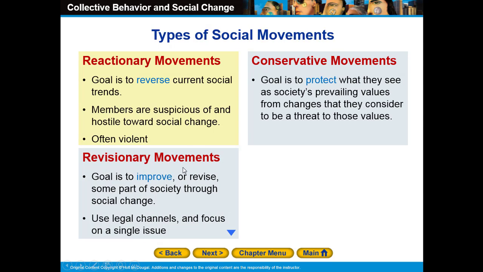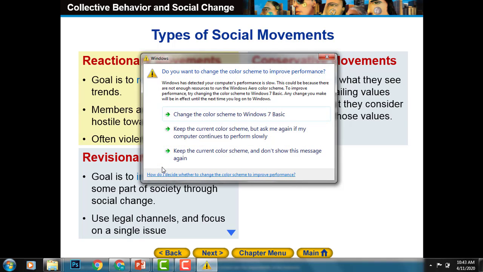The third type of the social movements is the revisionary movements. From the name, their goal is to improve or to revise some part of the society through a social change. They used to focus on only a single item, not a problem with a lot of items, but they usually focus on a single item they wanna improve or revise, and usually this movement comes after any social change.